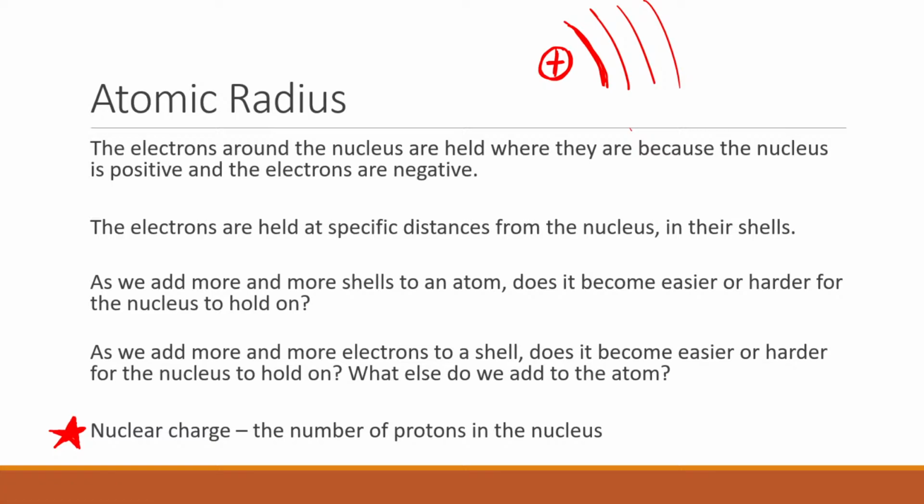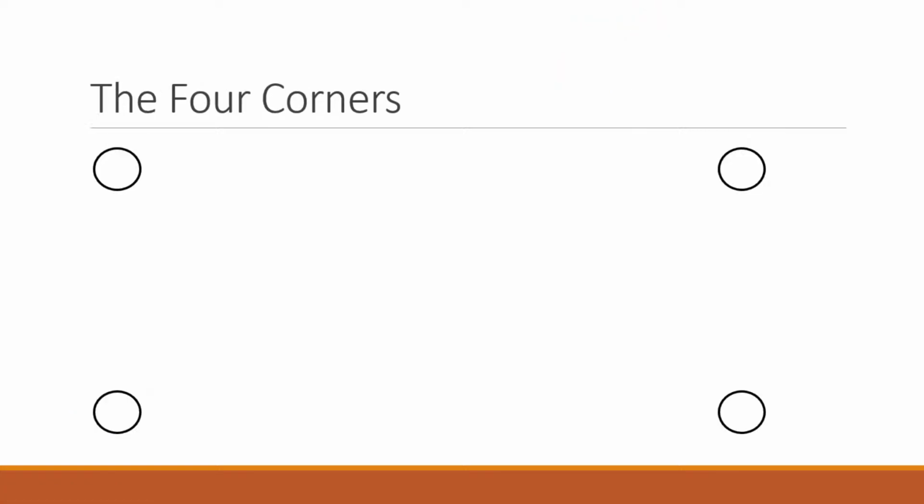Now, let's take a look at these 4 corners. We're going to take the same atoms. We've got lithium in the upper left, fluorine in the upper right, francium in the bottom left, and ununseptium in the bottom right. Lithium and fluorine have 2 shells.